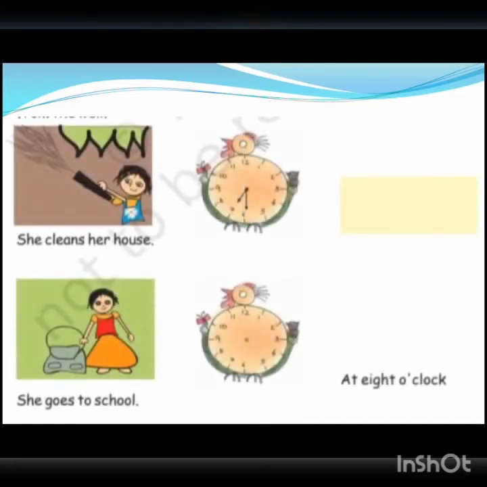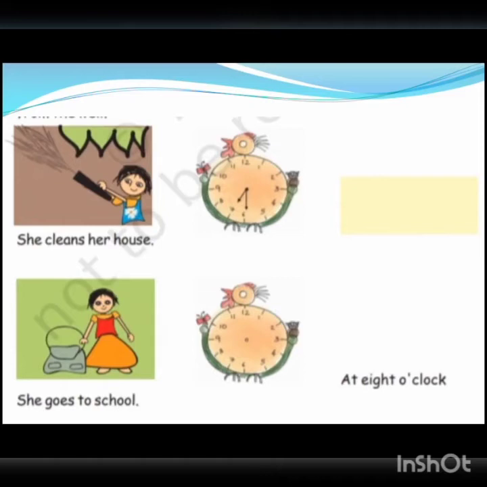Next one. She cleans her house. Now in the clock, you can see that our hand lies on 7. Actually, it should be in between the numbers 7 and 8 because it is 30 minutes past 7.